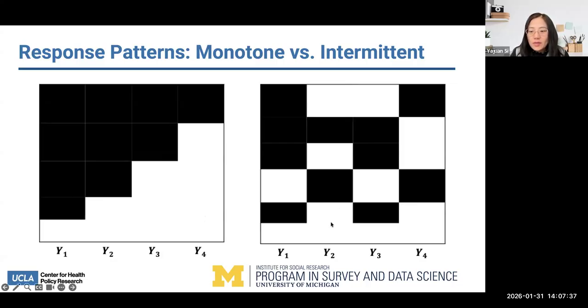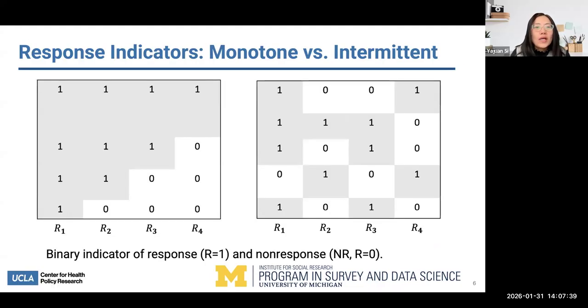We often create response indicators to represent response patterns. So here we use R with the value 1 indicating response and 0 indicating non-response.